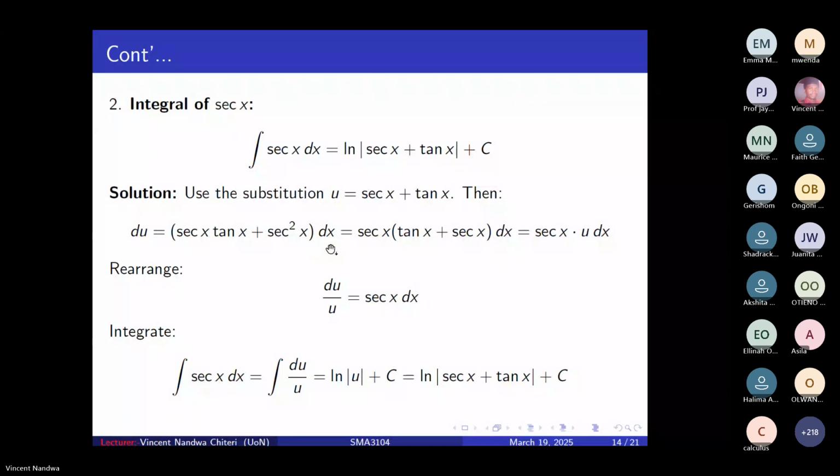Are you seeing that? dx will be du over sec x tan x plus sec squared x. Then when you replace back, the whole original numerator will cancel out with this bracket. And where we have sec x plus tan x will be u. Therefore it is just the integral of du over u.